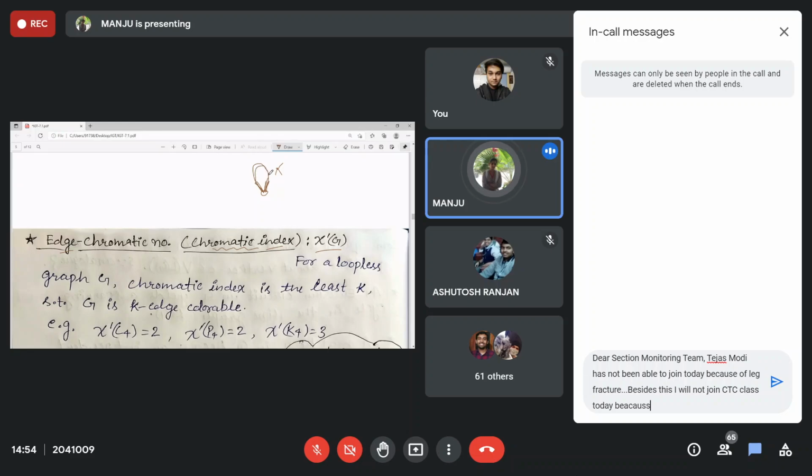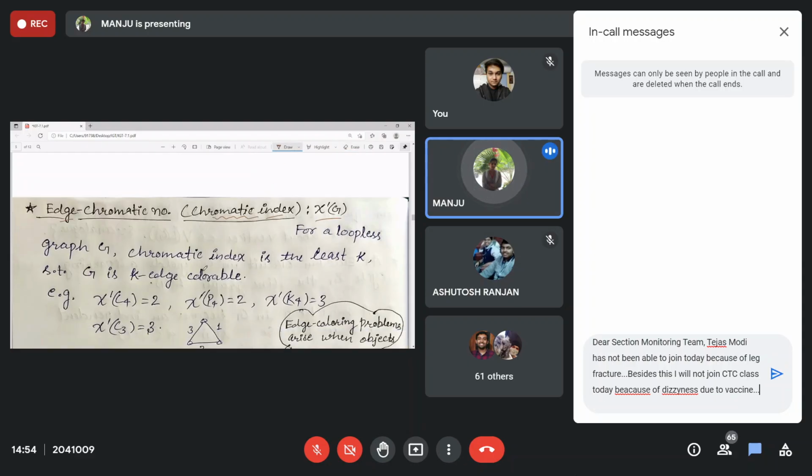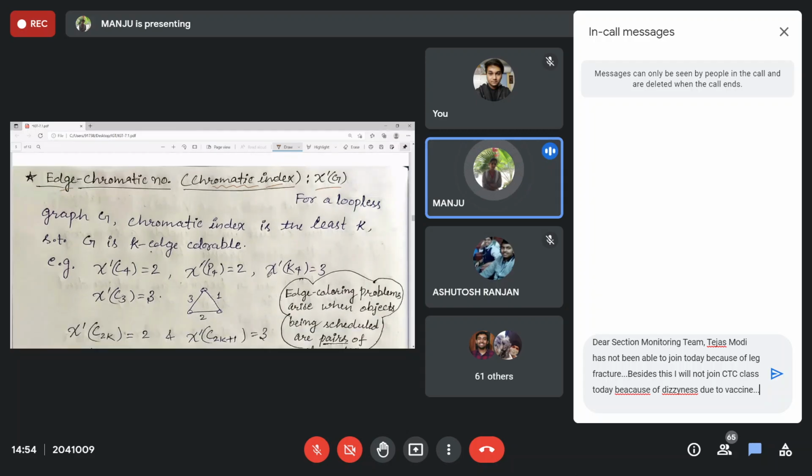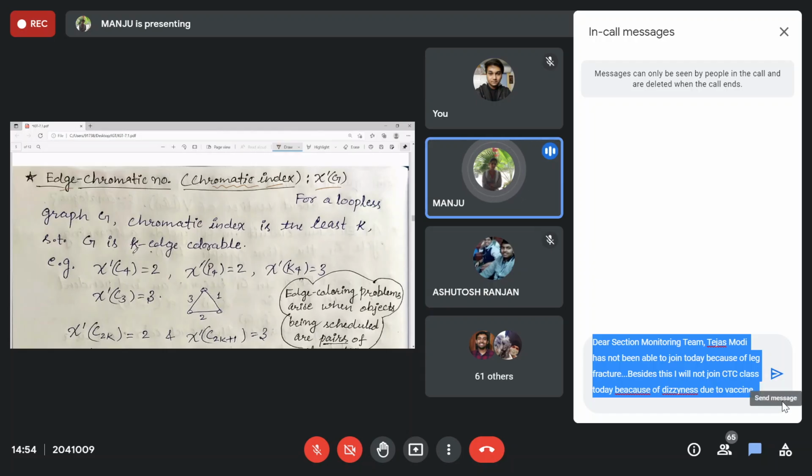But it is a loop, so we cannot use a different color. That's why we use the loopless graph. Okay, for a loopless graph, the chromatic index will be the least k such that a proper edge coloring with k colors exists. Okay, or you can just say G is k-edge colorable.